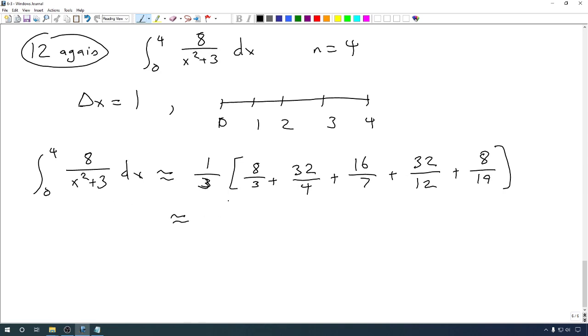Putting that into a calculator, we get an approximate value of 5.3467. And how good of an approximation that is, I'm not really sure. We could find it, but it doesn't really matter too much. The point is how do you follow this rule?